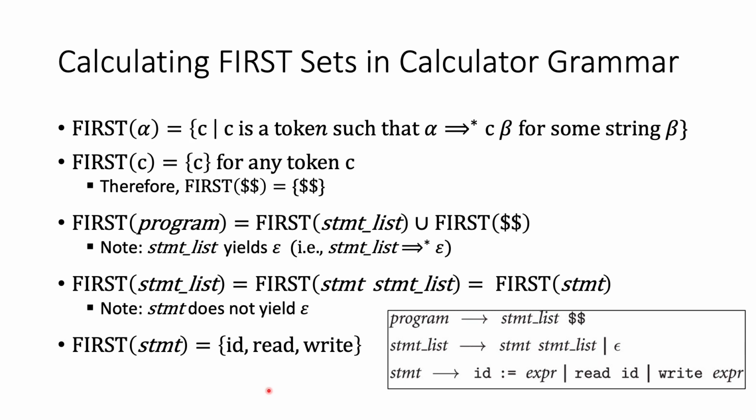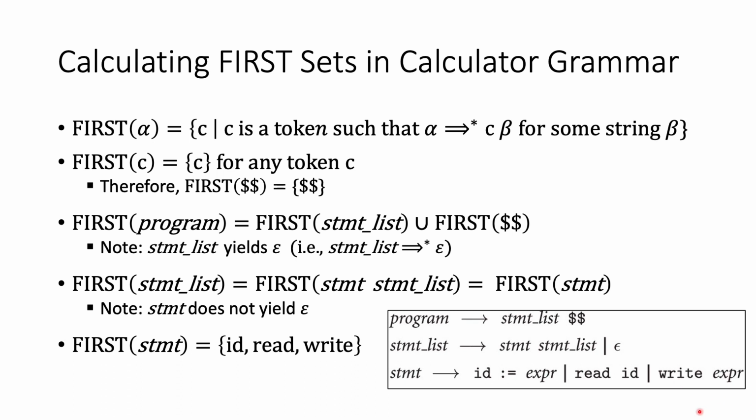And when calculating the first of empty, we notice that there are only 3 productions to expand empty. In the first production, it leads to a string starting with the token ID. In the second production, it leads to a string starting with the token read. And in the last production, it leads to a string starting with token write.